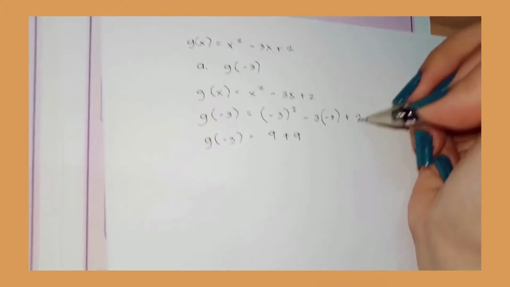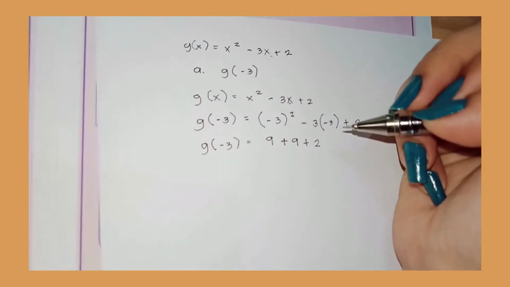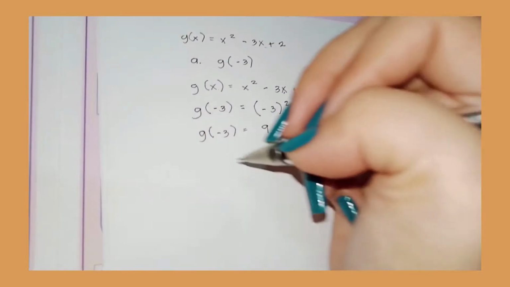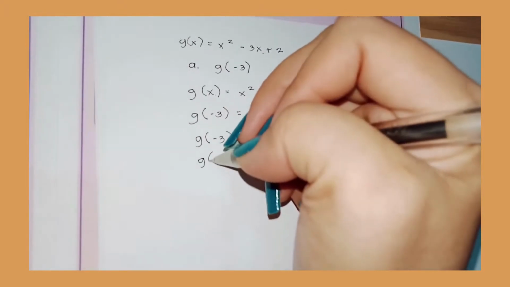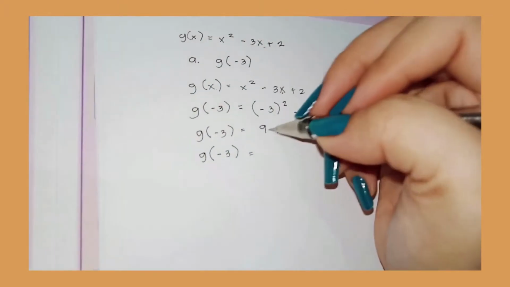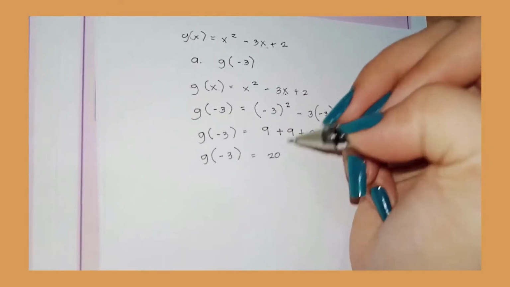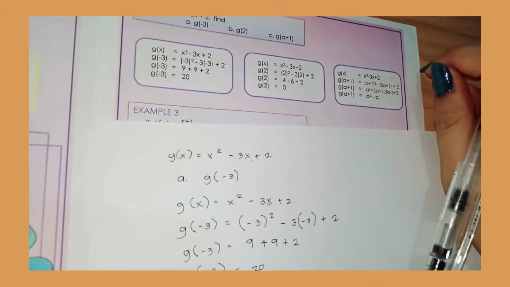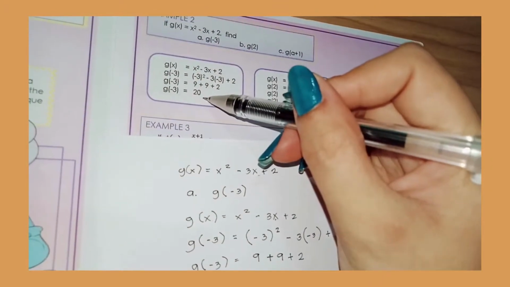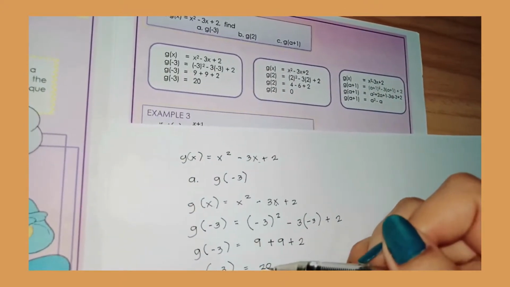And then, copy plus 2. Next thing to do, we need to add them all. Simplify. G of negative 3 is equal to 9 plus 9 is 18 plus 2, that would be 20. So, kung mapapansin nyo, dun sa answer ninyo sa example number 2, pareho lang, which is 20 and 20.